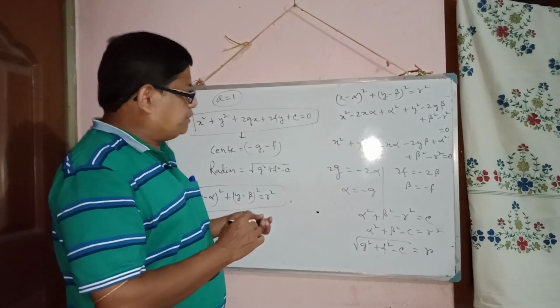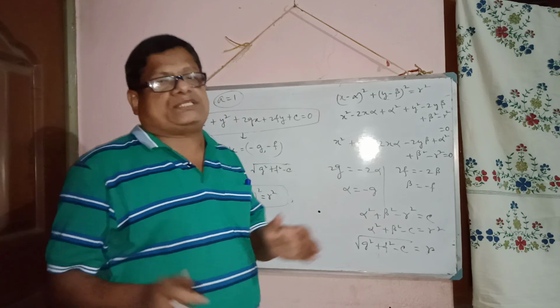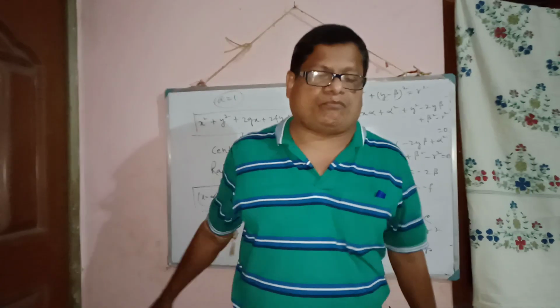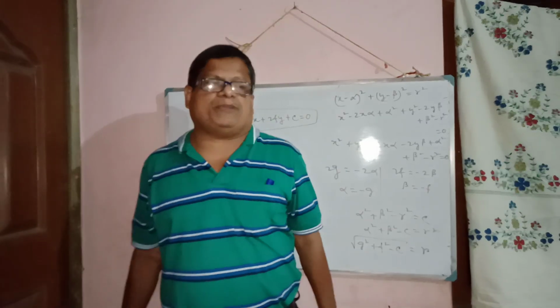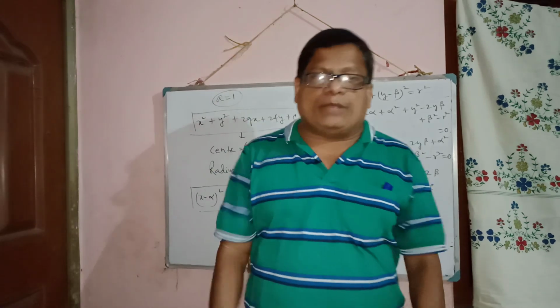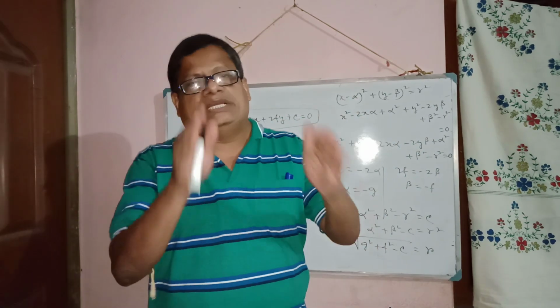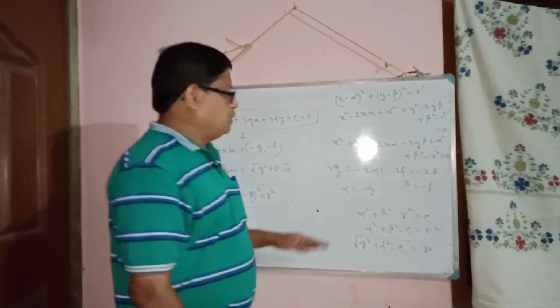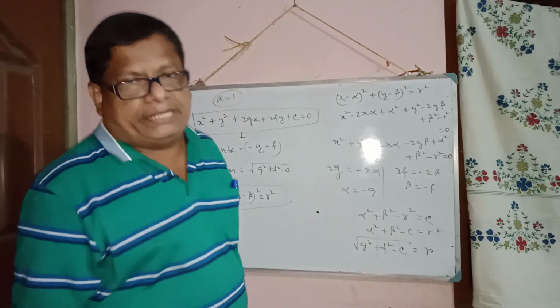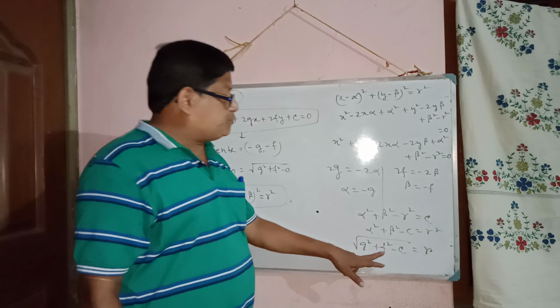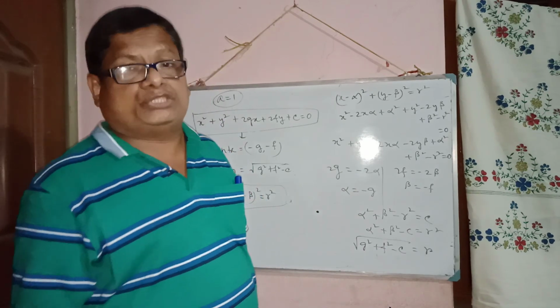So this equation, x square plus y square plus 2gx plus 2fy plus c equal to 0, represents a point circle if g square plus f square minus c equal to 0.